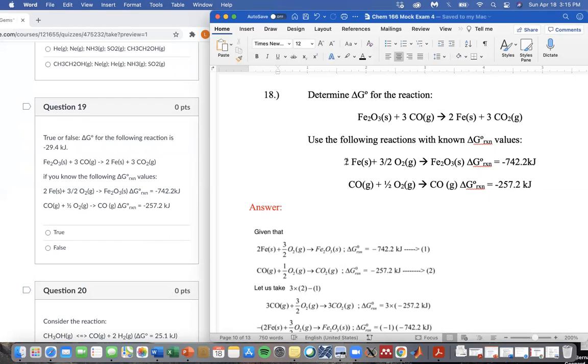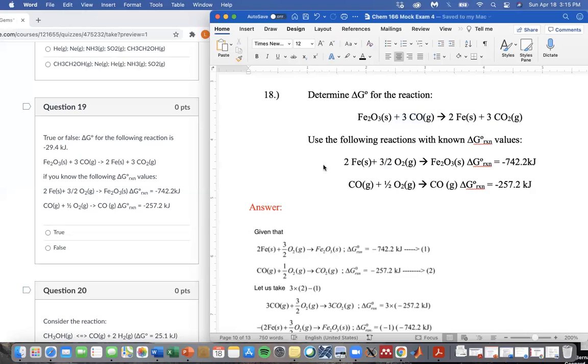You have 2 FeS plus 3 halves O2 yields Fe2O3, and then you also have CO plus 1/2 O2 yields CO2, and you're given the delta G's for both of these reactions. What you're trying to make ultimately is Fe2O3 solid plus 3 CO yields 2 Fe plus 3 CO2.